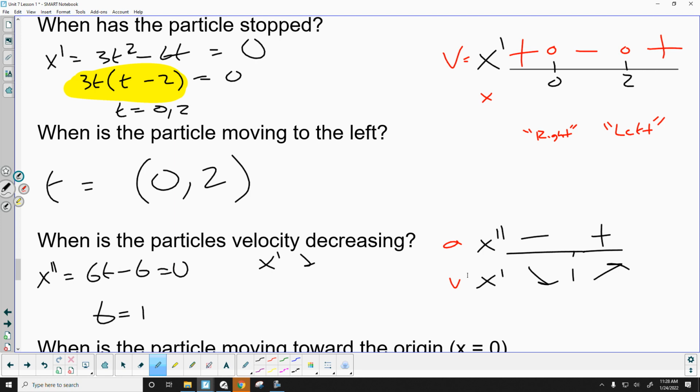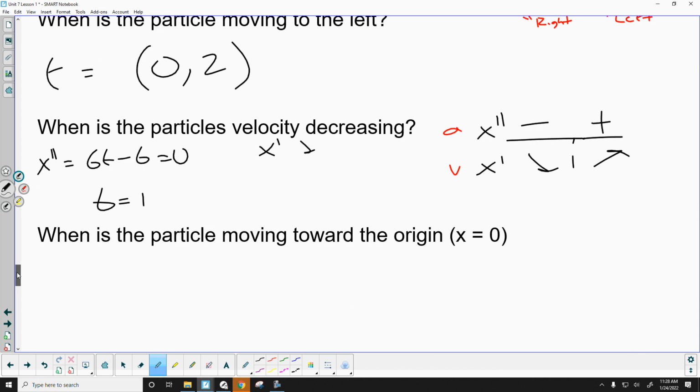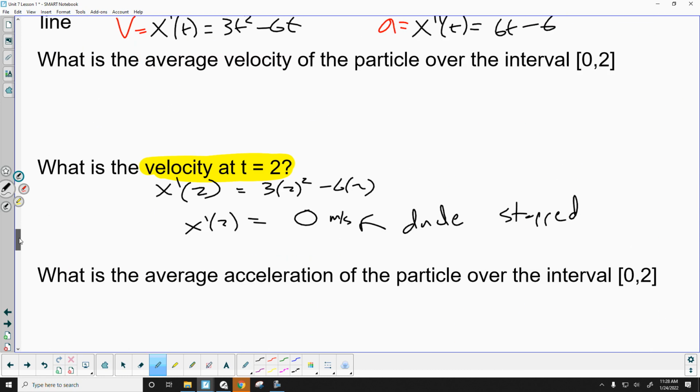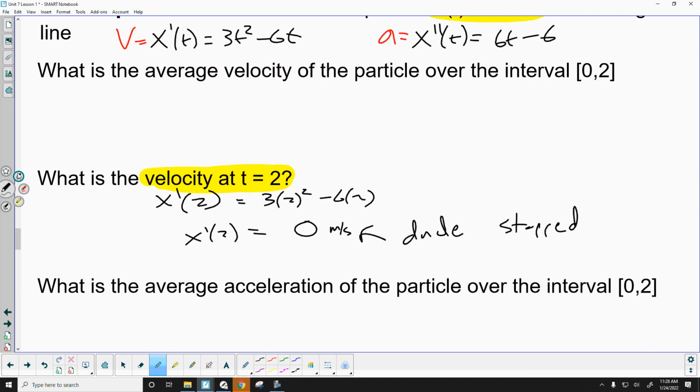But to really drive home the point that this is not new, it just looks different, I'm going to keep the x primes and the x double primes so that you say, oh yeah, this is familiar, we've done this before. Okay, now we'll talk about this origin question in a second. Let's go back to the average velocity and the average acceleration.